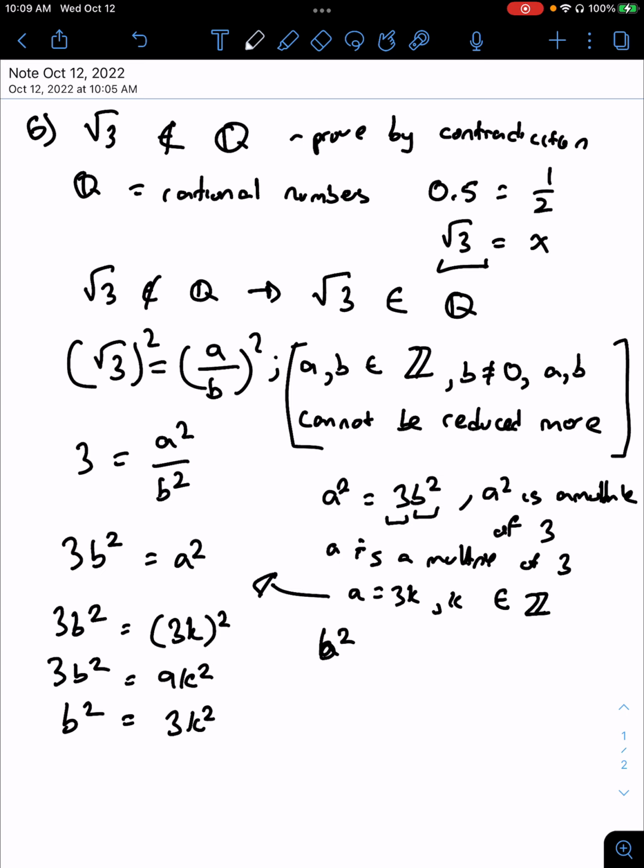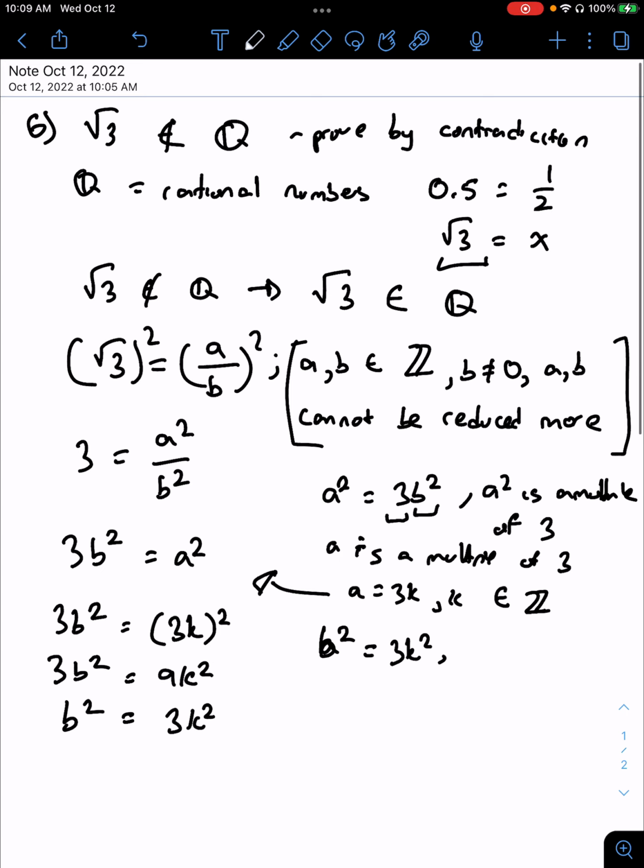So you're going to say b squared is equal to 3k squared, right? And like we said, anything multiplied by 3 is just another multiple of 3. That means b squared is a multiple of 3. And if b squared is a multiple of 3, that basically implies that b is also a multiple of 3.